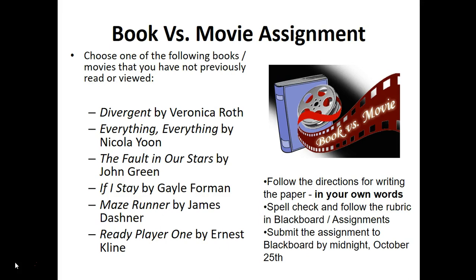Follow the directions for writing the paper. It, of course, should be in your own words. Use spell check and follow the rubric in Blackboard assignments. You're going to submit the assignment to Blackboard by midnight, October 25th. Obviously, this is looking kind of far ahead, but if you're someone who's sitting around during a hurricane waiting and watching and thinking, oh, I want to try and get ahead, I just wanted to give you some information.